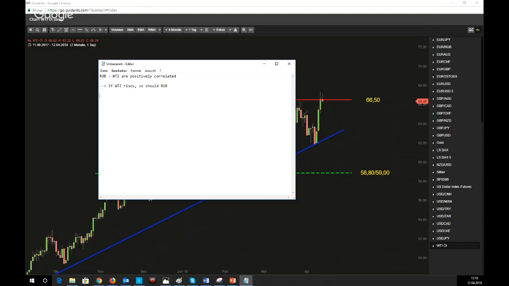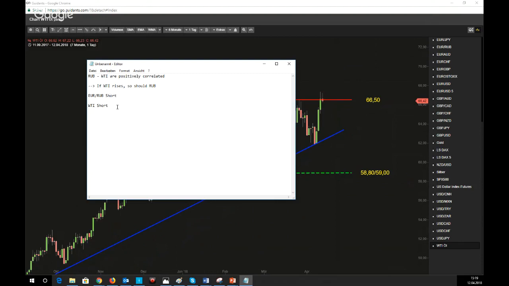That said, I think it's an interesting idea to sell Euro-Russian ruble and go short WTI, I'm sorry, not long, because in this case you would have a so-called over-leveraged position, since Euro-Russian ruble and WTI are both positively correlated to each other.